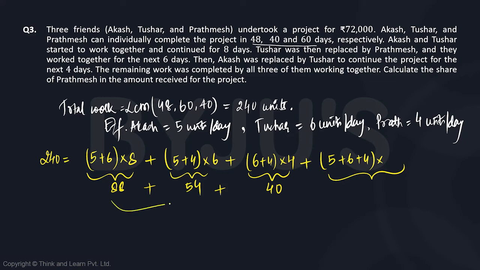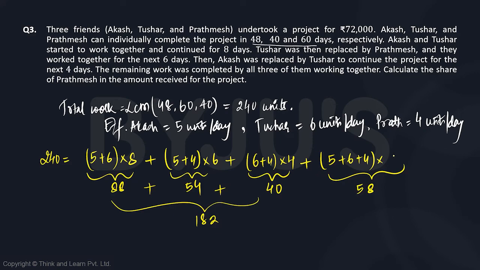So if this constitutes 182 units, that means the remaining 58 units is supposed to be finished by all three of them together.